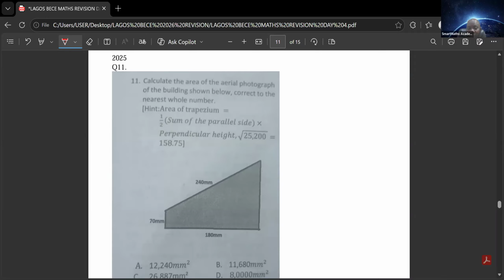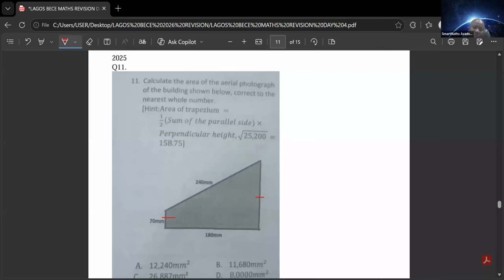You are given hints: the formula for the area of a trapezium, which is half the sum of parallel sides times perpendicular height. The parallel sides are this one and this one, and the height of the trapezium is 180 millimeters.